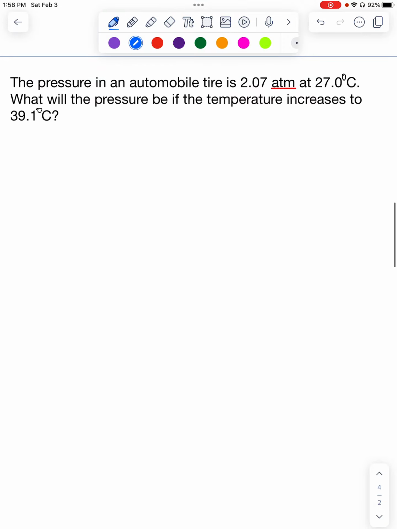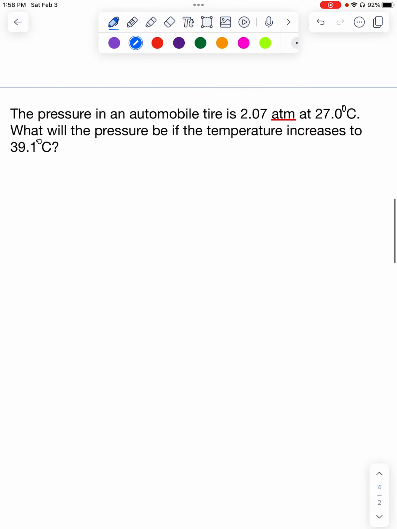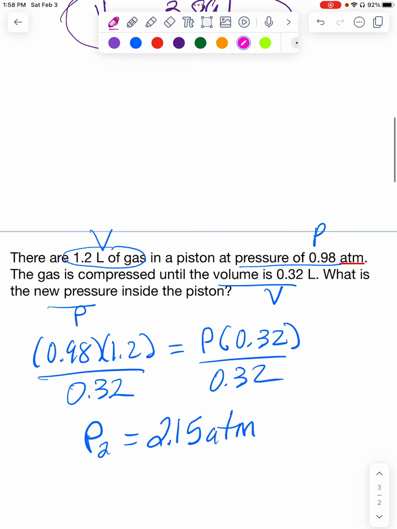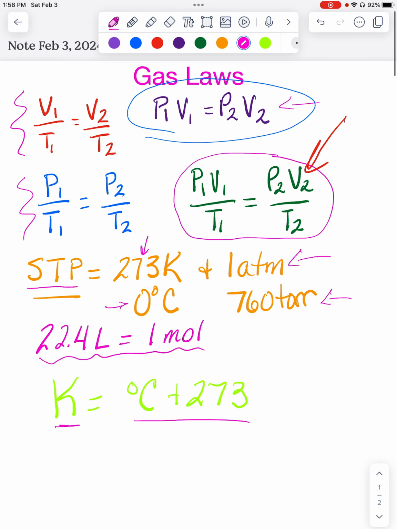One more problem on this. The pressure in an automobile tire is 2.07 atmospheres. All right, pressure, so we have pressure, at 27 degrees Celsius, well, temperature. What will the pressure be if the temperature is increased? Well, all I have is pressure and temperature. And if you go back to the top, pressure and temperature, use that equation.